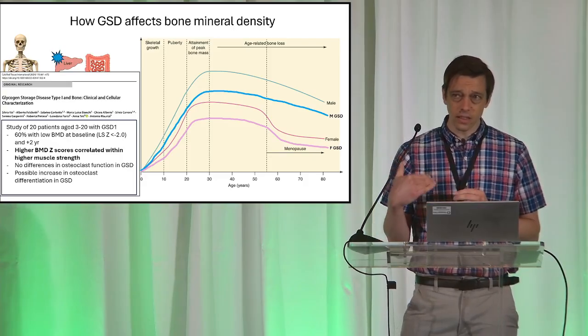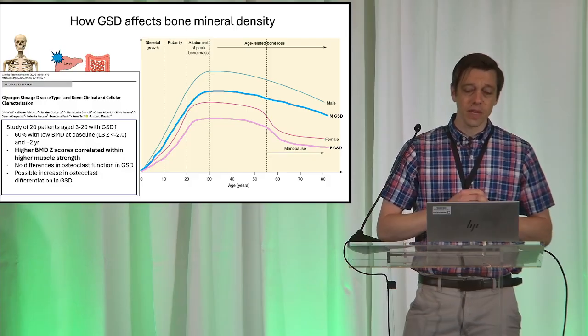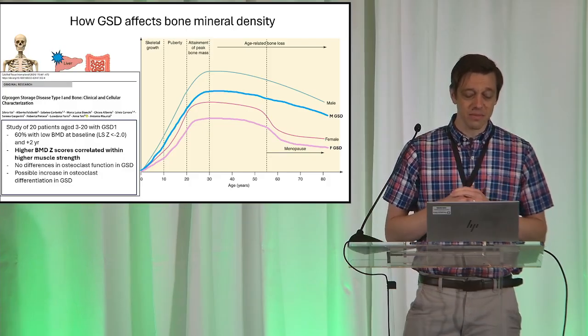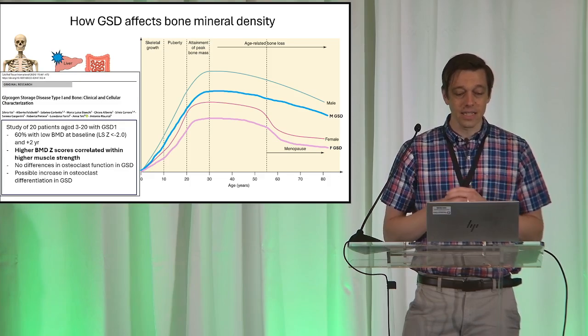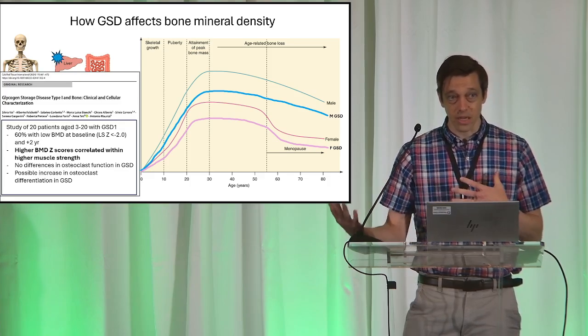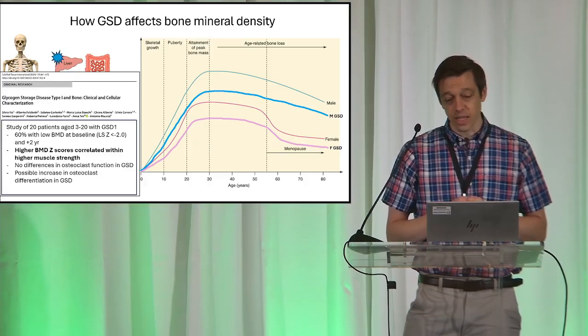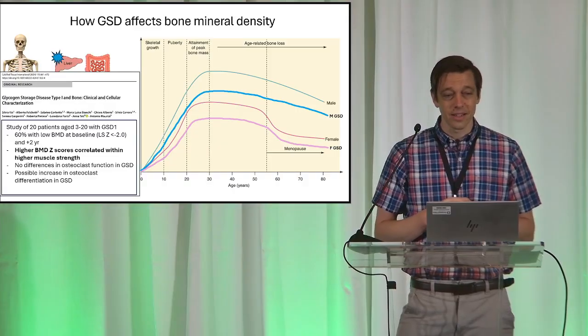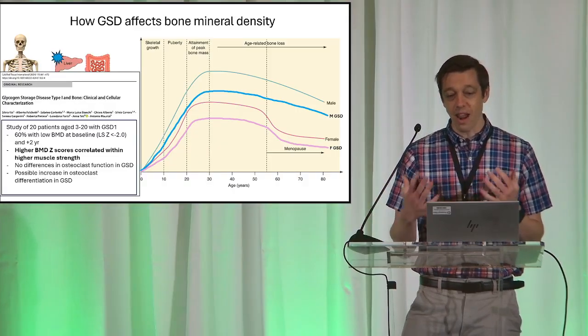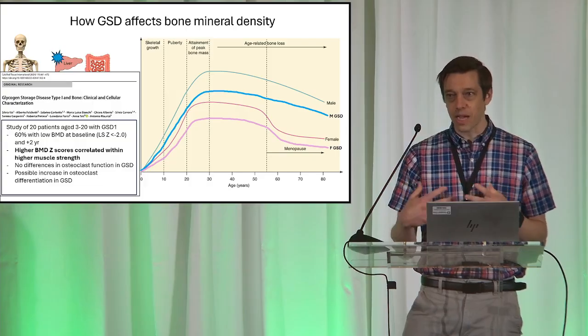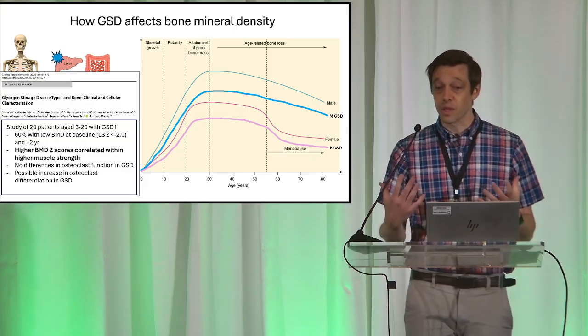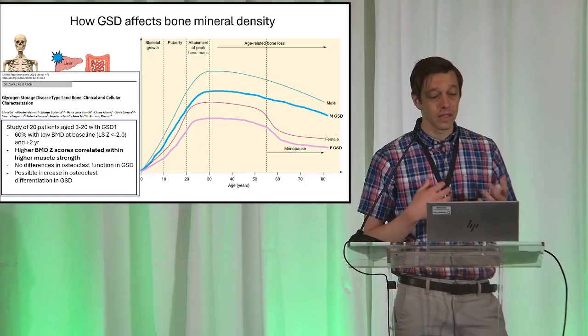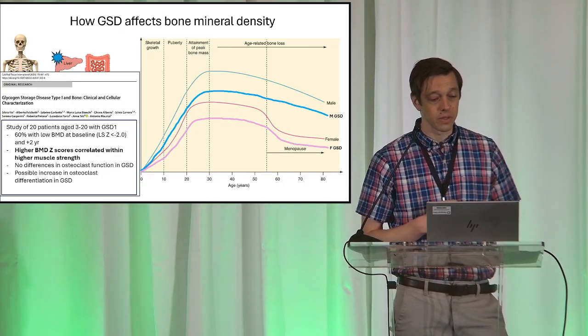When they looked at the cellular level, there were no clear differences from what they could assess in osteoclast function in GSD compared to individuals without GSD, which suggests there's probably not an inherent biological difference. It's probably just everything that comes with the disorder and the condition that leads to the lower bone mineral density.